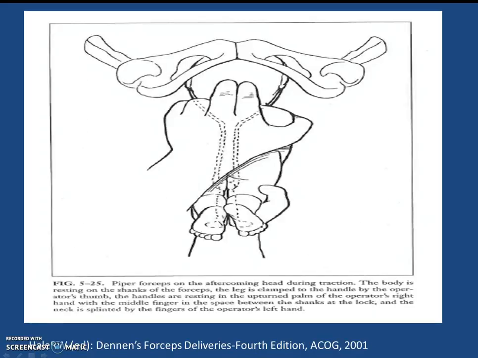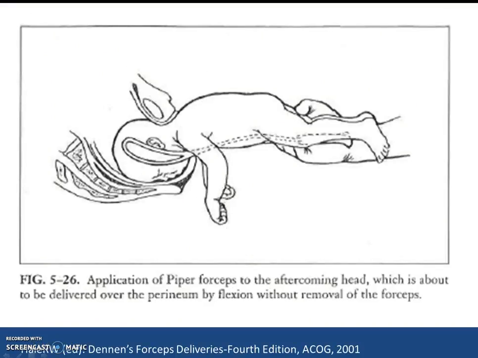The fetus can either rest on top of the actual blades, as shown here, or the assistant can hold it with a sling. And again, traction is downward until the chin is seen, and then one elevates with traction to deliver the rest of the fetal head. And again, this shows how the actual traction would occur.